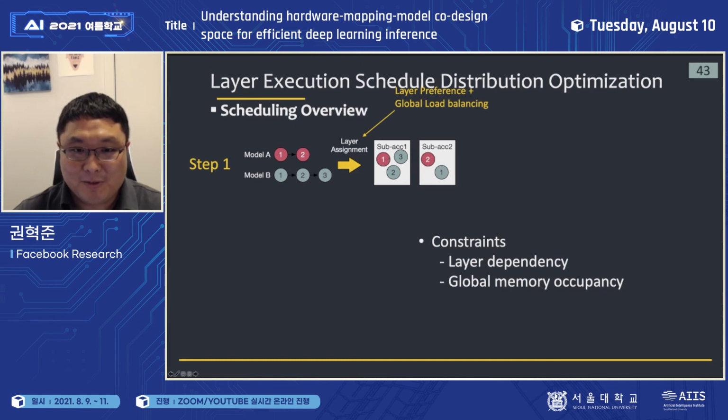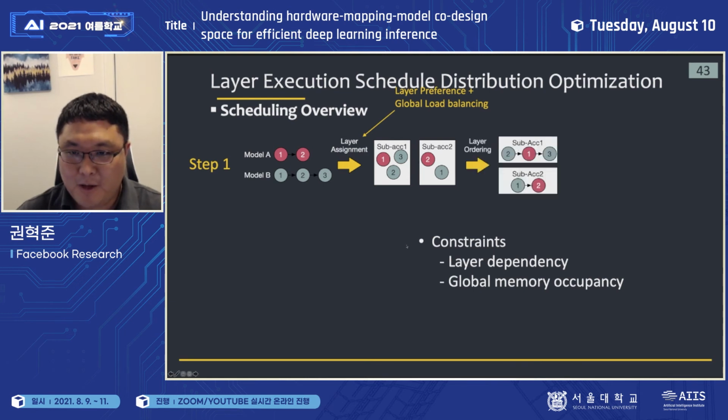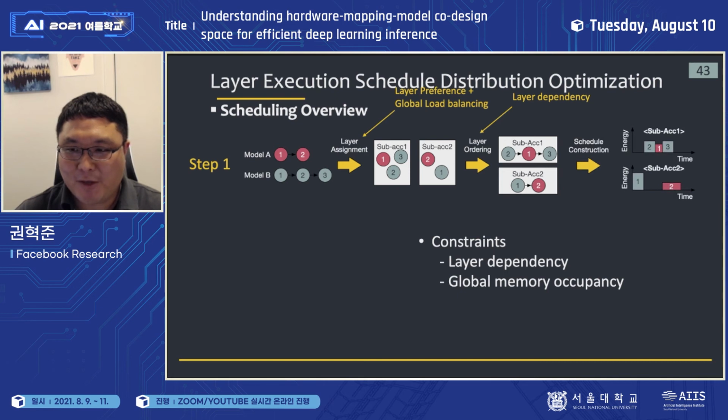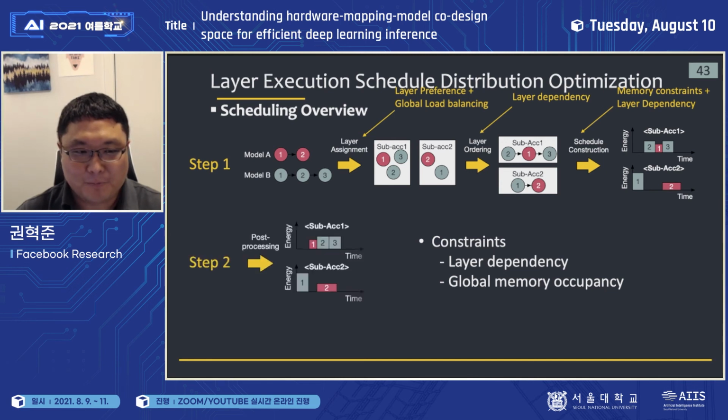That's why we see red circles in both sub-accelerators here. And we determine the order of the execution, considering the layer dependency, and we construct a schedule. So we consider the memory constraint and layer dependency together here.